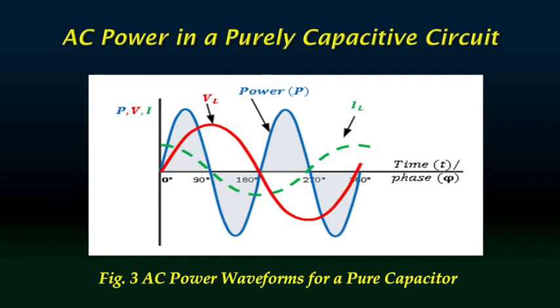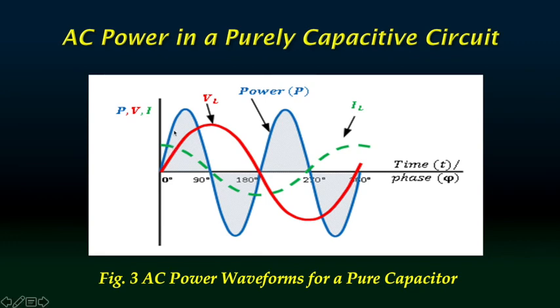AC power in a purely capacitive circuit. The phase difference between voltage and current is minus 90 degrees. So the reactive power is QC equals VI sin phi. So sin minus 90 degrees gives minus 1. So QC equals minus VI. It is therefore the product of the applied voltage and the component of the current which is 90 degrees out of phase with the voltage as shown in figure 3.